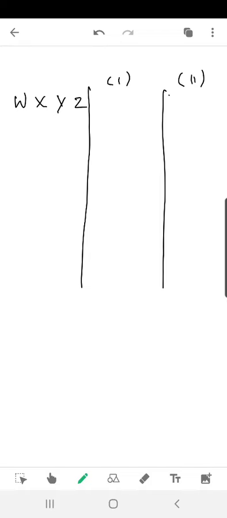The enable pins are G1, G2A and G2B. Similarly, for the second decoder we have enable pins G1, G2A and G2B. These are our pins.